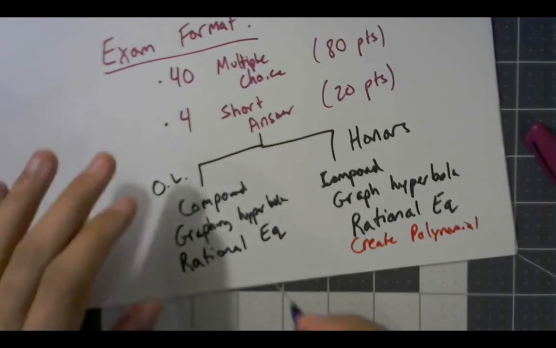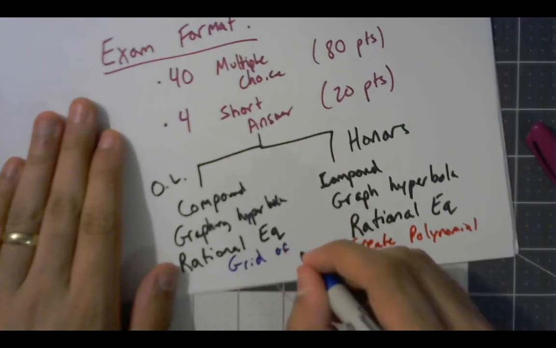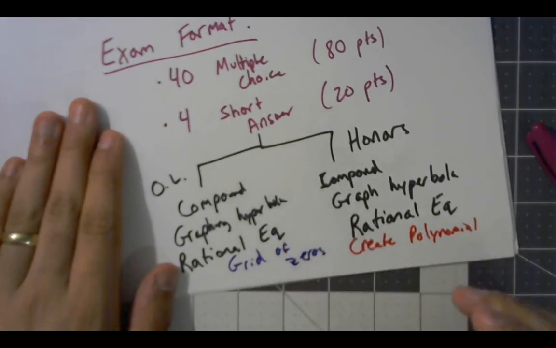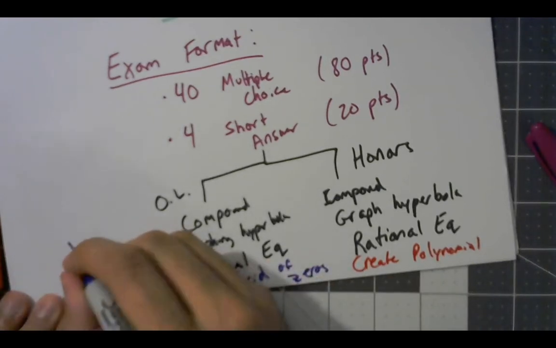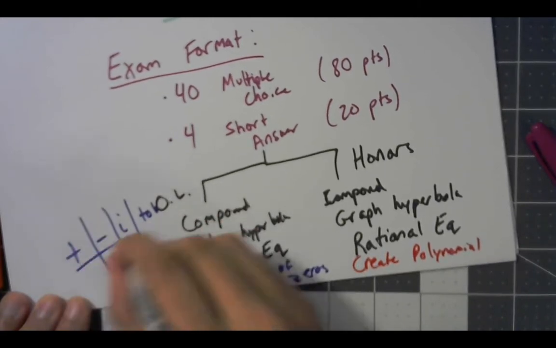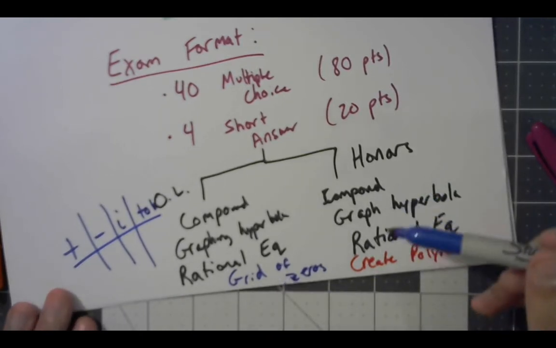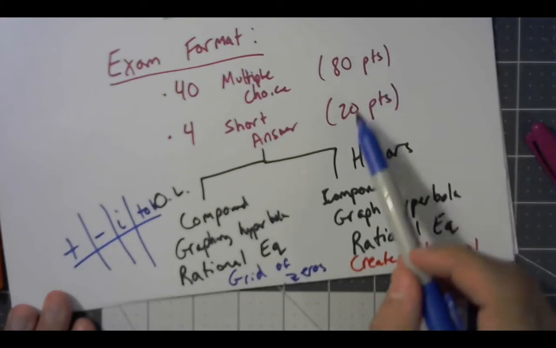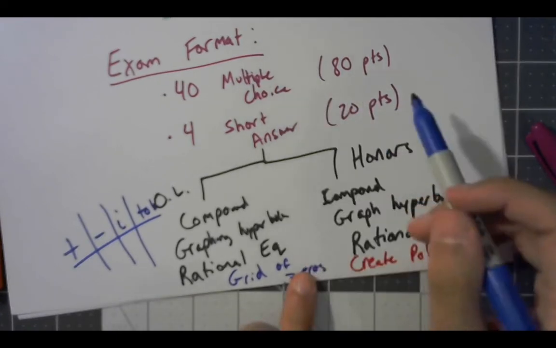And then for on level, you'll have to do the grid of zeros, which I don't remember a better way to call that, but that's the one where you have the positive, negative, imaginary, and total zeros. So on level, this is what your 4th problem is going to be. Honors, this is yours. I'm going to go over most of these because that's 20 points, and a lot of these ideas are going to come into the 40 multiple choice.